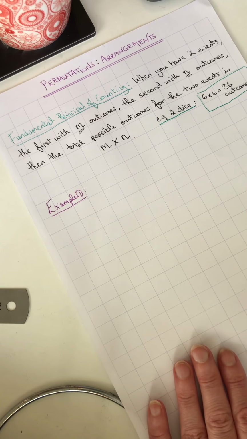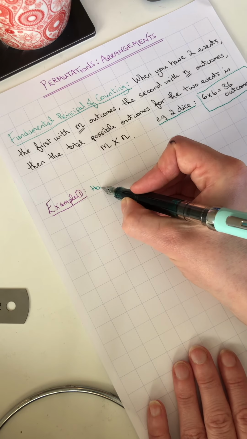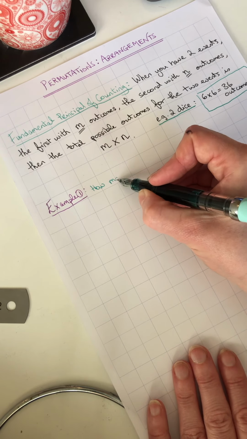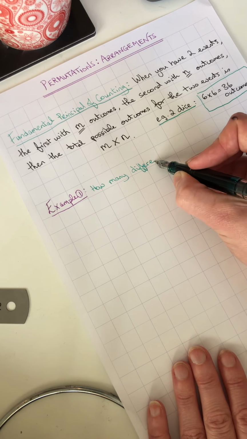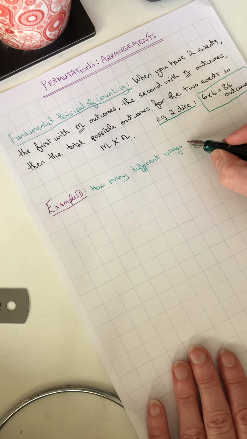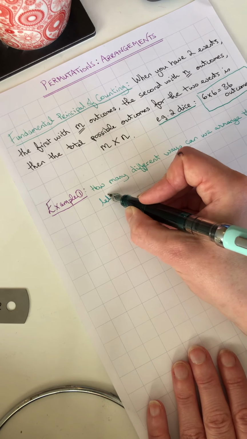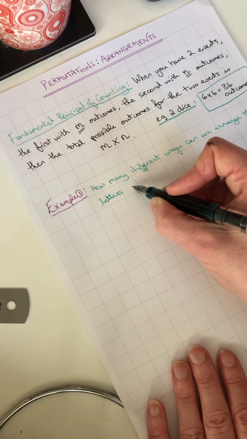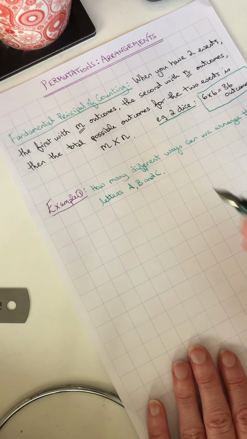How many different ways can we arrange the letters A, B, and C?